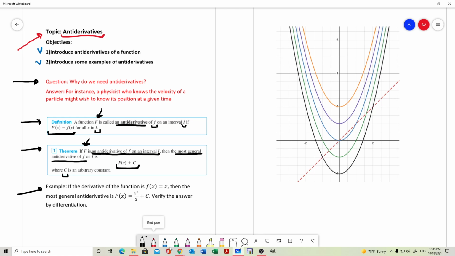So why don't we take a look at a specific example? The derivative of the function f of x is x.